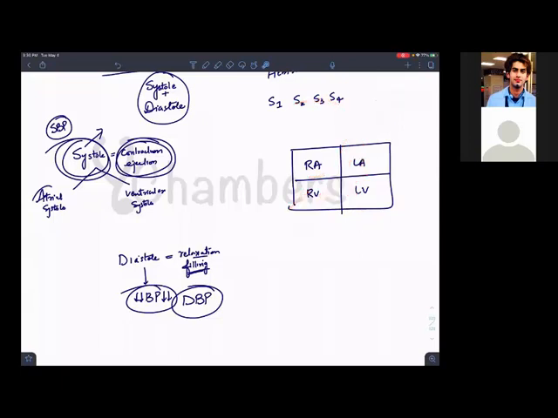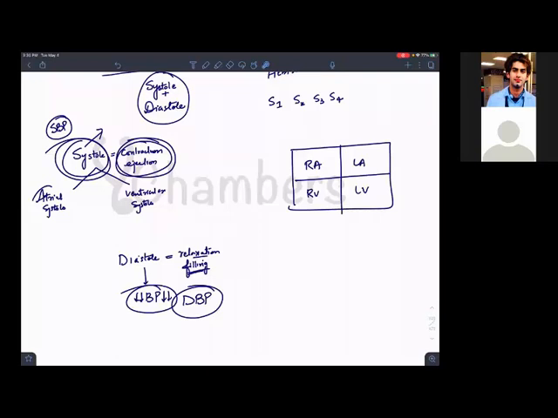Right ventricle is connected to which vessel and left ventricle is connected to which vessel, that is a secondary question. The main thing is to eject the blood out of the heart. That is the ventricular systole. In ventricular systole, there should not be any filling. So every phase should go in a systematic manner.